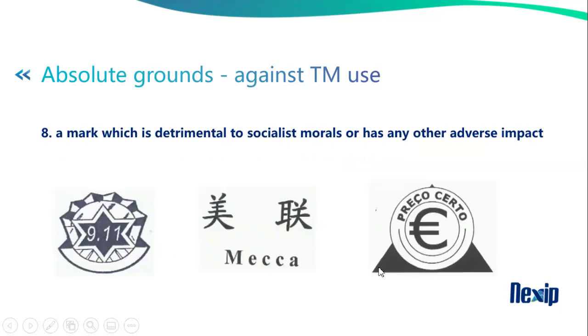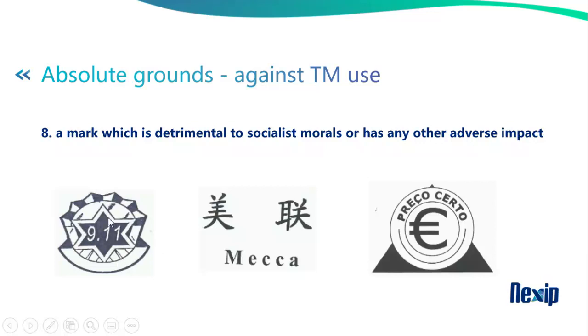So this one is a mark which is detrimental to socialist morals or has any other adverse impact. I'm listing here 3 examples. First one, its problem is it contains 911. 911 is the day Bin Laden attacked the USA, so it's a notorious day for terrorist attacks.